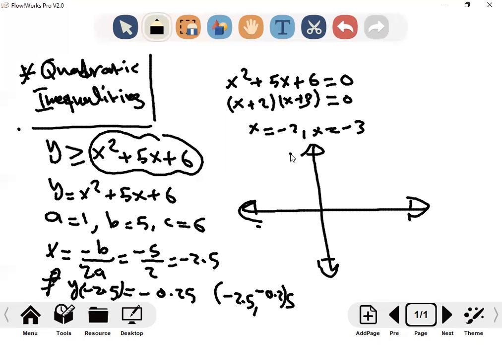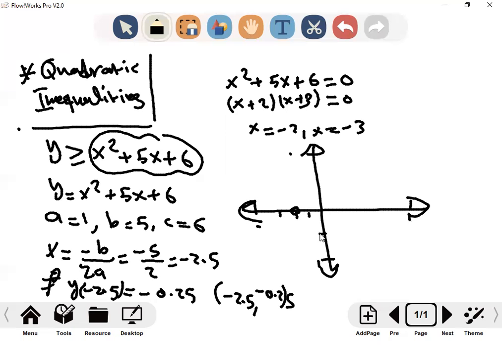0.25. Negative 2.5 is between negative 2 and negative 3, in the middle. So if this is negative 2 and this is negative 3, this is negative 2.5, right? Negative 0.25 is between 0 and negative 1, but close to 0, right?